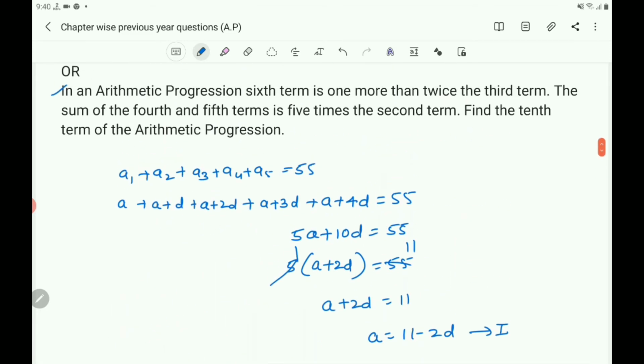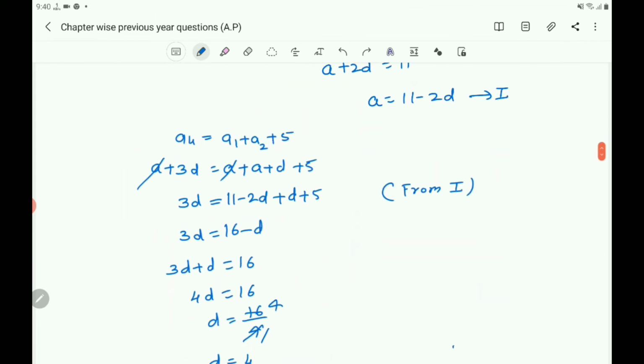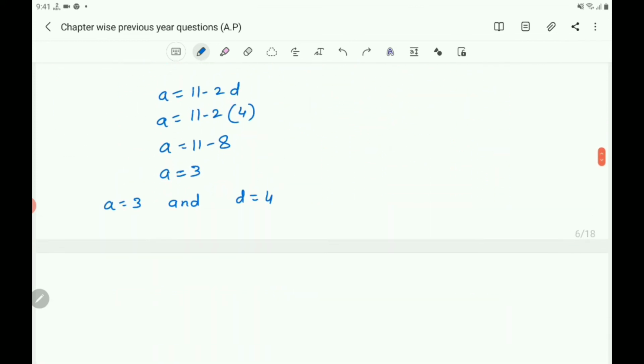Here what we have to find out? We have to find the terms of the AP. So you find A1, A2, A3, and so on. A1 means the first term A, that is 3. A2 is A1 plus D, that is 3 plus 4 equals 7.